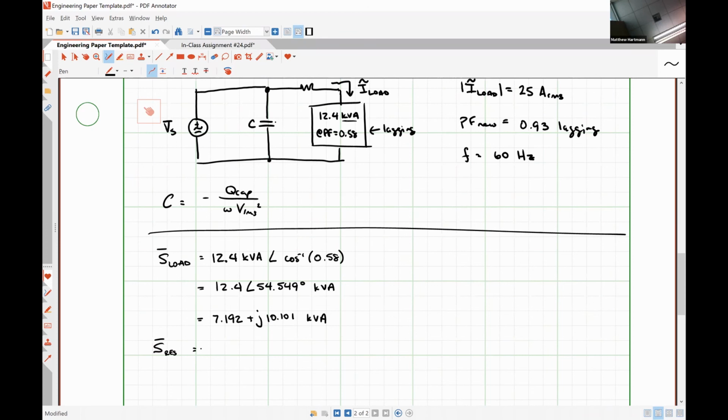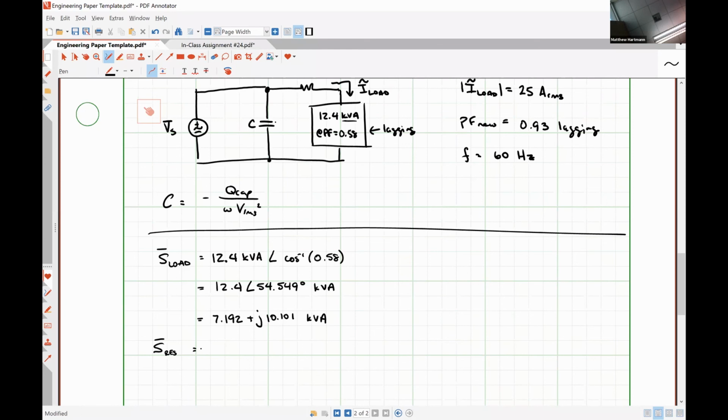Absolutely. The reason why we can simply do I squared times R here is because we know that the impedance of the resistor is purely real. So I squared times R is going to give us our complex power, and it's going to be a purely real value.